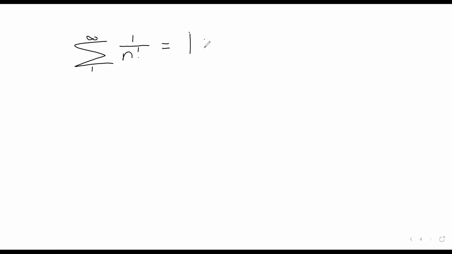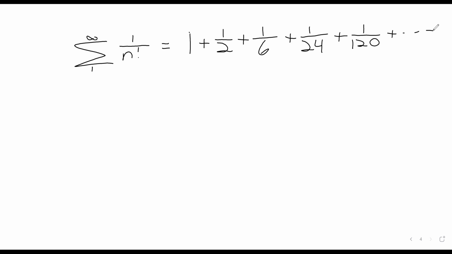So 1 over 1 plus 1 over 2 plus 1 over 3 factorial, which is 6, plus 1 over 4 factorial, which is 24, plus 1 over 5 factorial, which is 120. And I've reached the limit of what I want to try to do in my head.